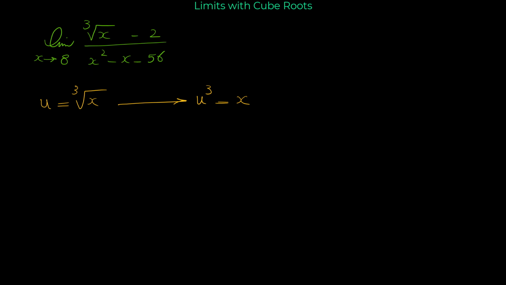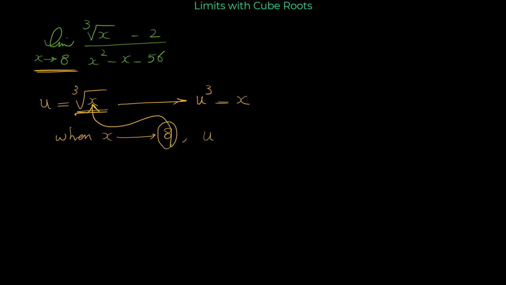But one more thing we have to do. We want to rewrite this limit in terms of u. x approaches 8. When x gets closer and closer to number 8, what happens to u? u is cube root of x. x approaches 8.